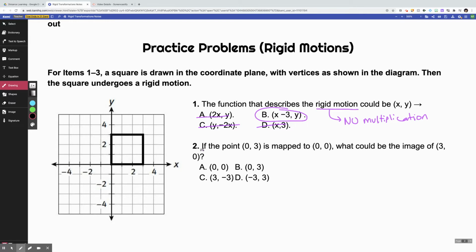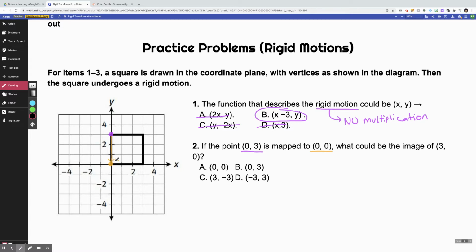All right, so then 2 here says if the point 0, 3, which is this point right here, is mapped to 0, 0, meaning my original point, my pre-image, is 0, 3, and my image is 0, 0, okay, down here. So you have to see what happened to go from here to here, right?